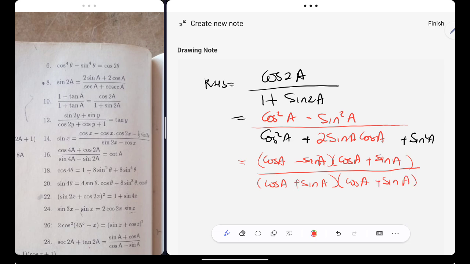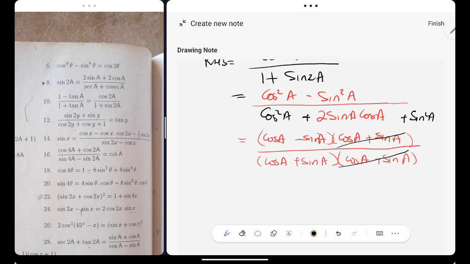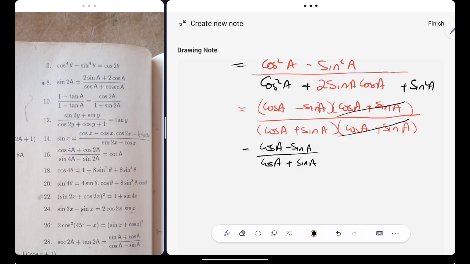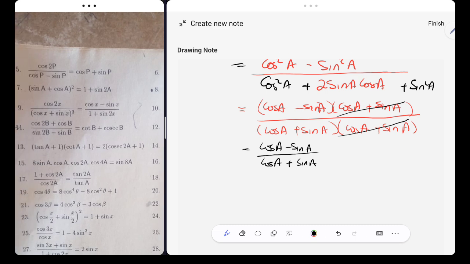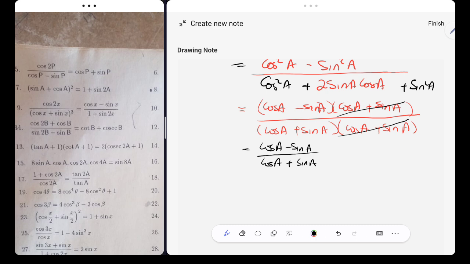This is plus and plus, and therefore this will cancel this one. I will be left with cos A minus sine A over cos A plus sine A. Are we together? Okay.